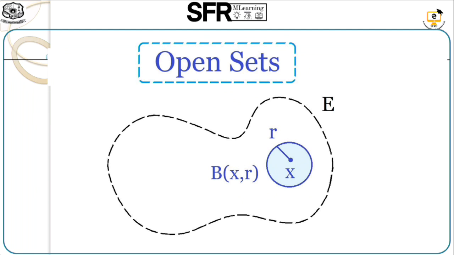Here we have a whole set E and an open ball inside an open set, with center at x and radius r. We represent the open ball as B of x comma r.